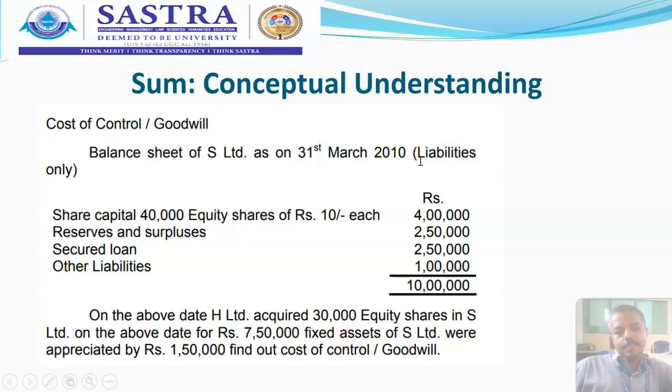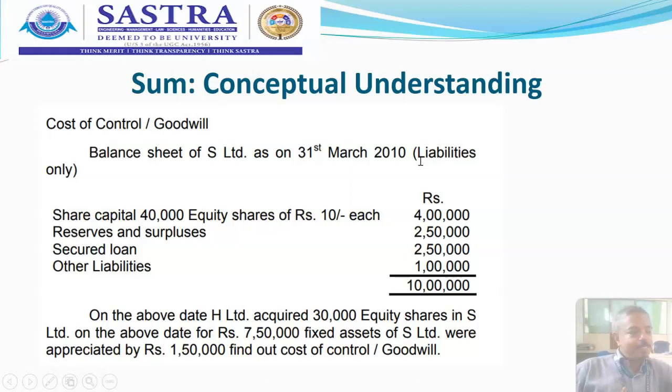So in this background, what arises now? We are paying more than what has to be paid. What do you call the extra amount, the excess amount the holding company pays to the subsidiary company? If you have watched the entire theory part, you must be able to say now in the comments. Yes, that is called goodwill.